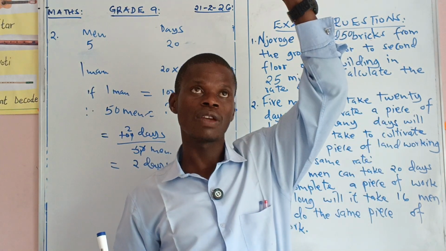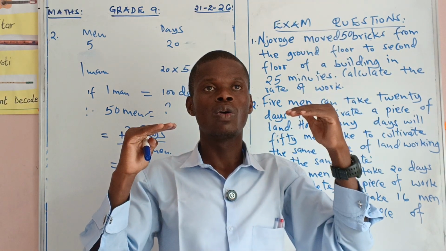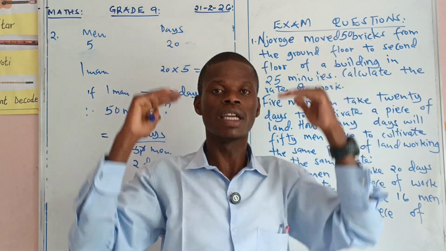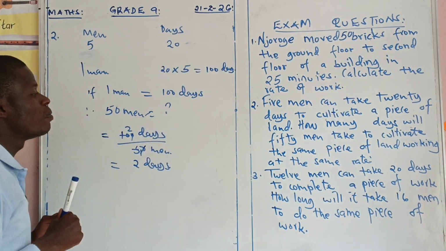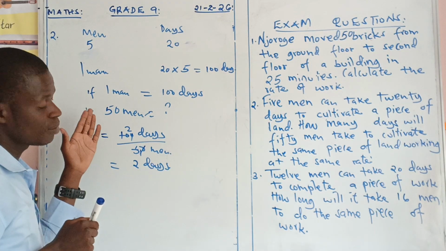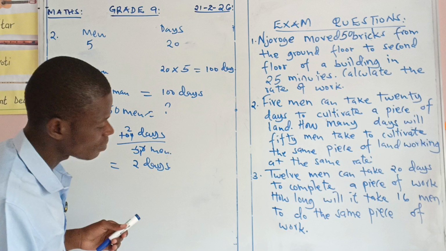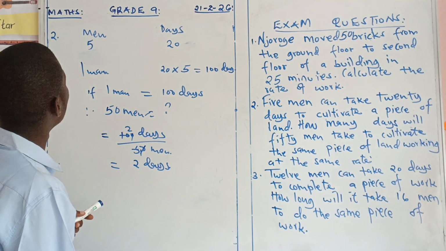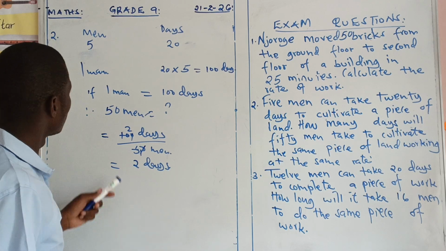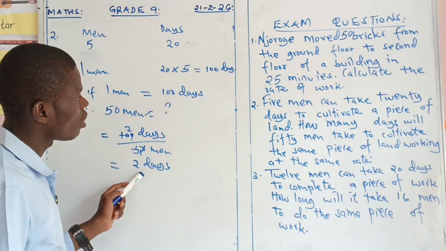In direct proportion, if one increases, the other increases at the same rate. So that is what you need to understand. Here, don't make the mistake of cross multiplying, but you need to think. So 50 men will take 2 days to complete the same piece of work.